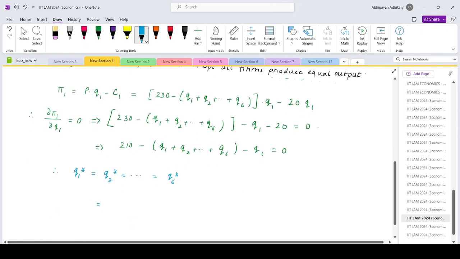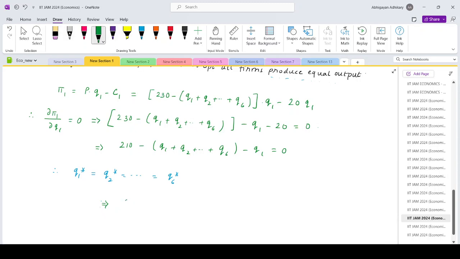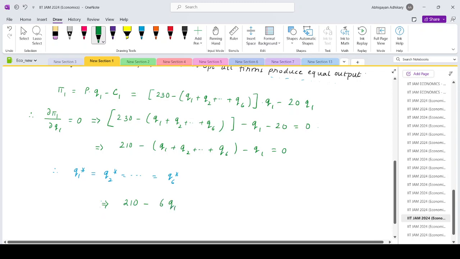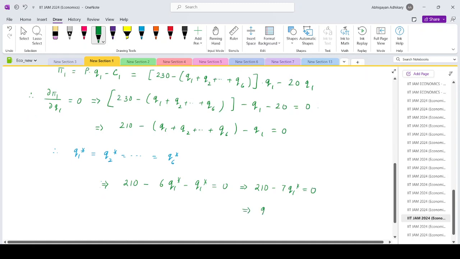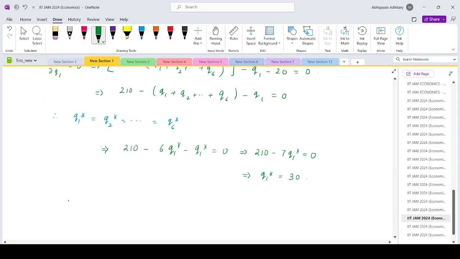If I replace this condition here, that becomes 210 minus 6 Q1 star minus Q1 star equals 0. So 210 minus 7 Q1 star equals 0. So Q1 star equals 30. Each firm will be producing 30 units of output in the equilibrium.